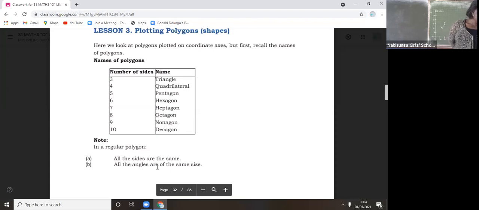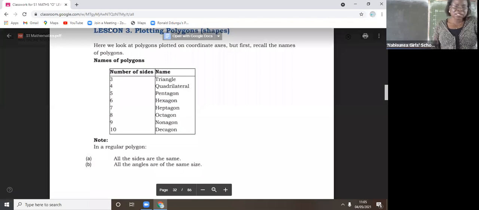So thank you very much for taking us through that beginning part where we are looking at polygons. They can be regular polygons. They may not be regular polygons, but their names are given based on the number of sides they have. With 3 sides, that is a triangle.